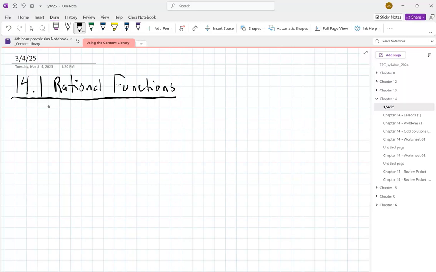So we want to start by defining what we mean by a rational function, because maybe you didn't get this far in your Algebra 2 class in the past. So let's make sure we are careful about what we're doing here today.